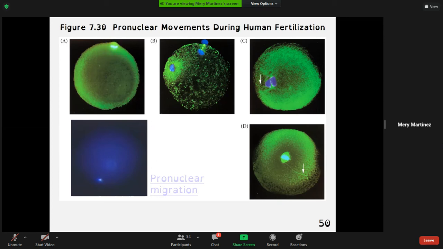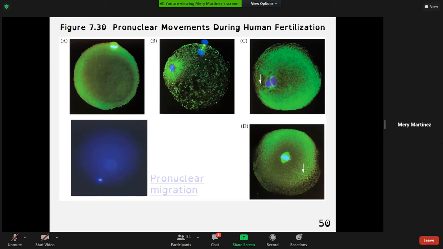That's the first polar body. Okay. In B, we have that the sperm got inside the egg. This is right here inside, here on the left. Okay. Microtubules condense. So this is what you can see, all the microtubules. Okay. And at this point, the egg, because it just got fertilized, completes meiosis 2.